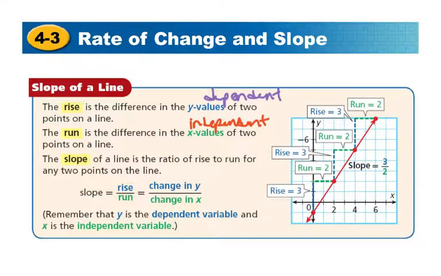So we're talking about how much do we rise over how much do we run, and then that fraction is the slope. They also use the phrases change in y, and that's because you end up doing subtraction, as we saw in the previous slide.